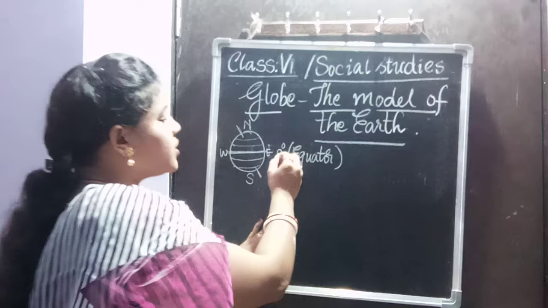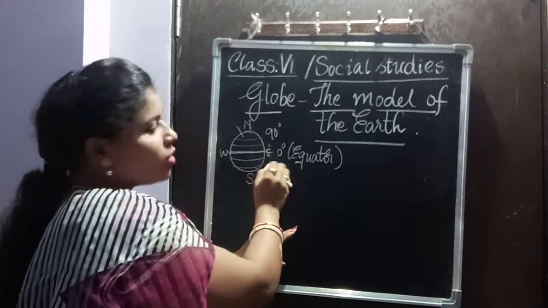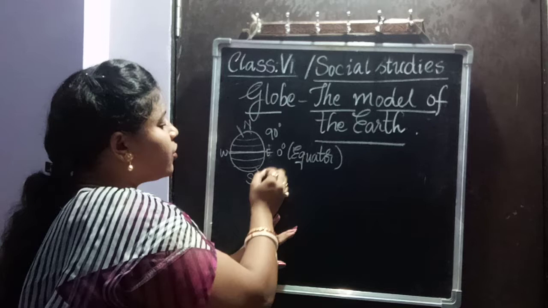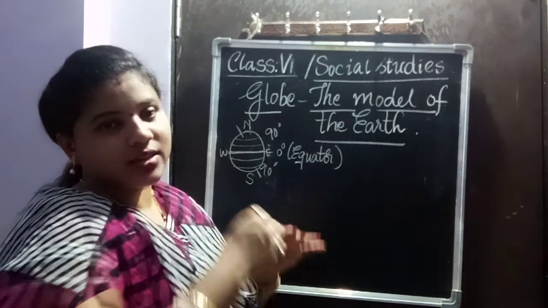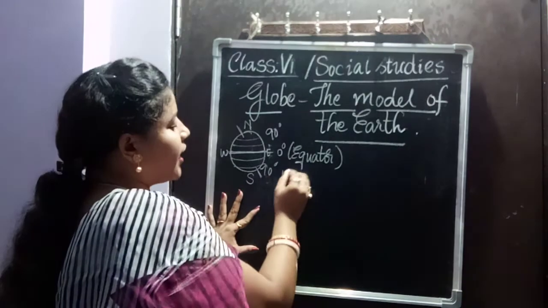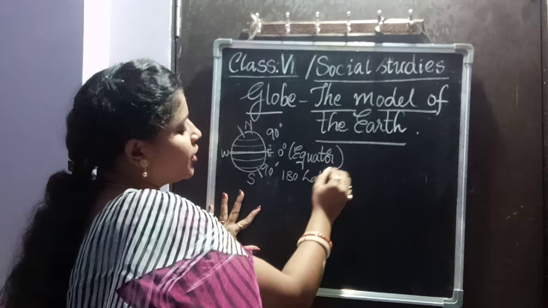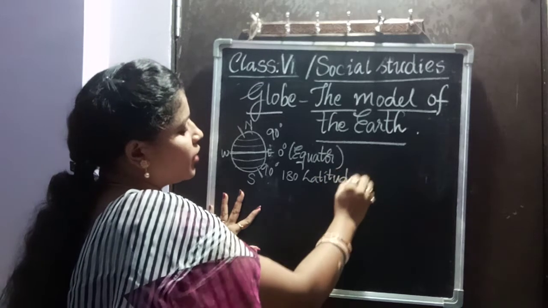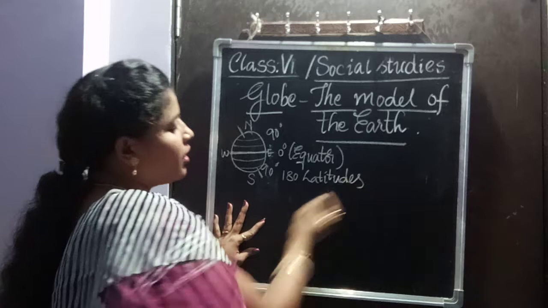From 0 degrees to 90 degree lines towards the north, and from 0 to 90 degree lines towards the south, the earth is divided like that. Totally we have 180 latitudes, 90 towards the top and 90 on the bottom.